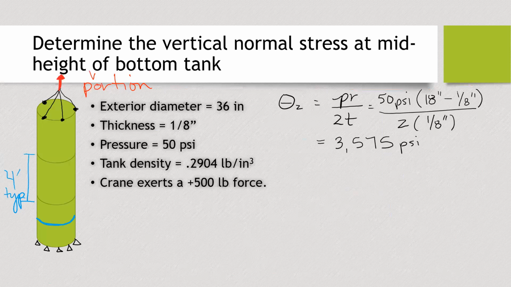So we'll say the normal stress due to the weight of the tank is going to be the density. Well, first of all, it's going to be force over area. So the force is going to be the density, 0.2904 pounds per inch cubed, but now that needs to get multiplied by the volume of the tank.